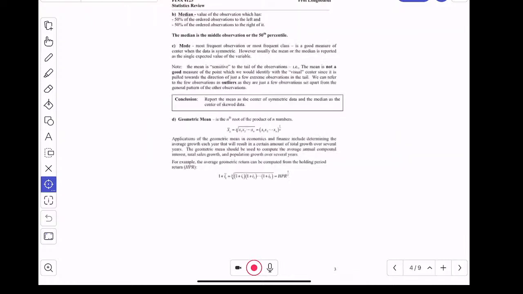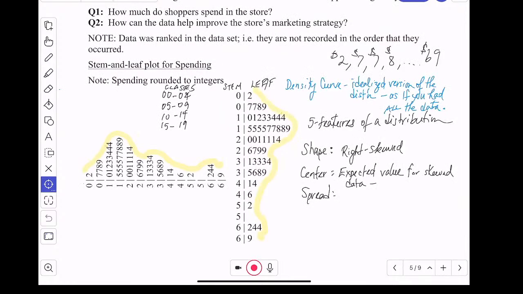We have a different measure for that, and that's called the median. So the median is useful because the median doesn't include all the values. The median is computed as the middle value of the ordered data set, or the average of the 2 in the middle.